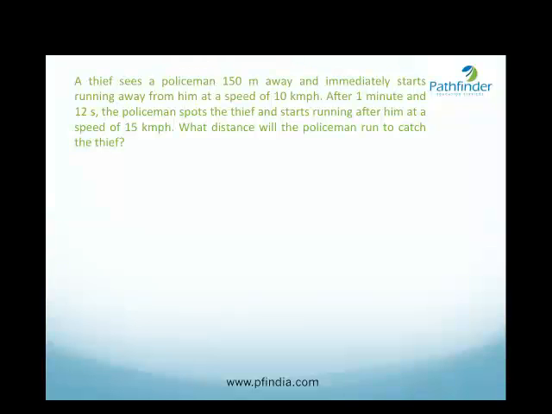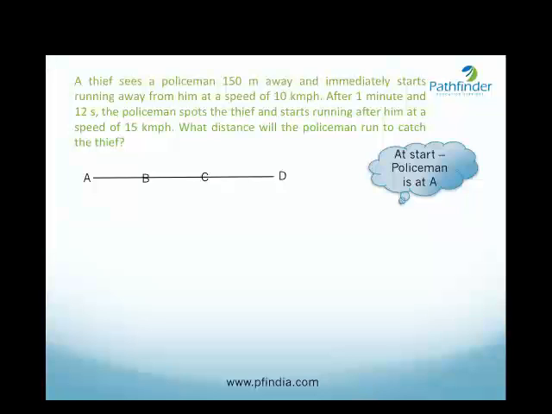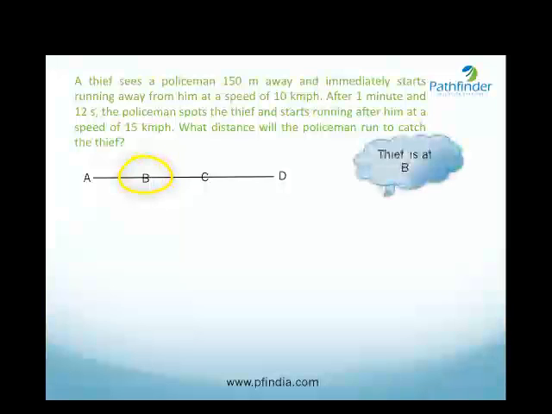So let us start with a schematic representation of the above question. We have A, B, C and D, 4 points. The policeman initially is at A and the thief initially is at B. And this distance is 150 meters, because the thief sees the policeman 150 meters away.